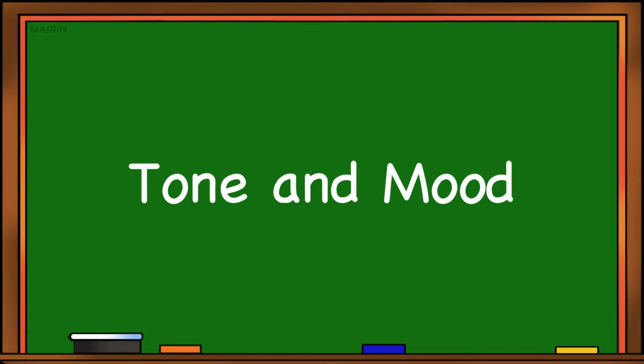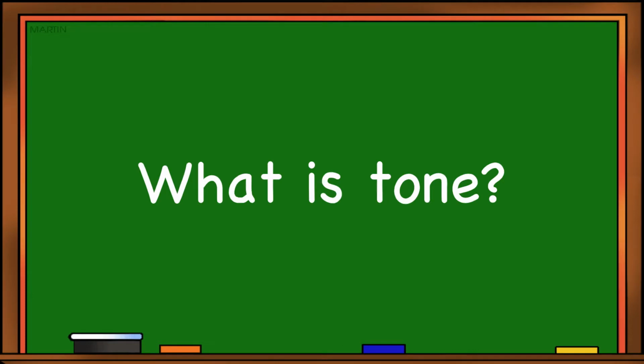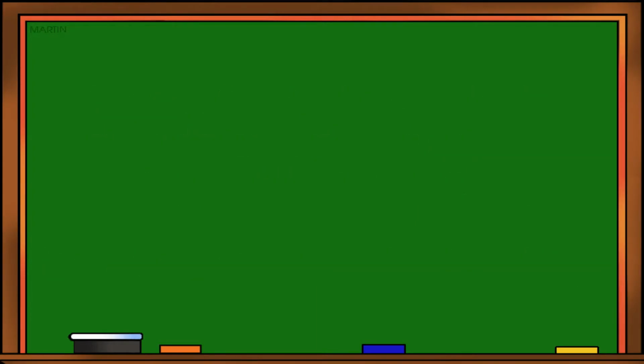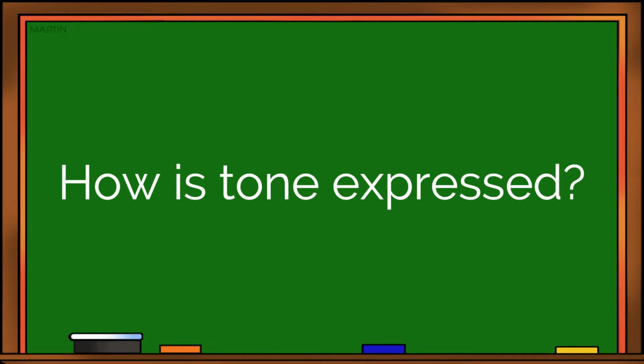Do you know what tone and mood are? Tone refers to the speaker's attitude towards the subject or topic of the poem or story. It is a type of expression in writing. How is tone expressed?